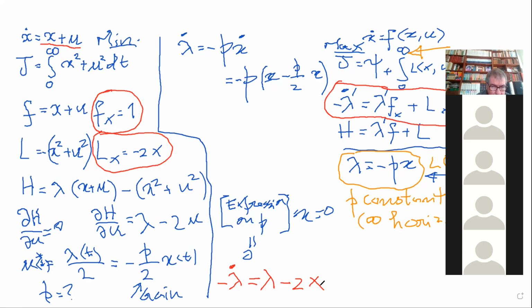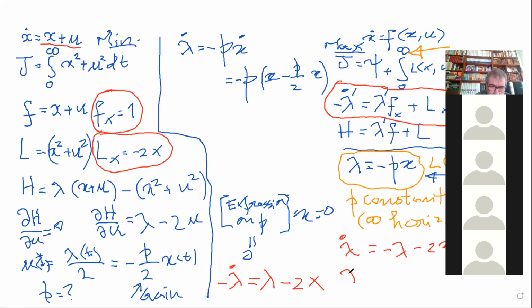Okay. Now this means that lambda dot is equal to minus lambda minus 2x. But we have this nasty lambda here. How can I get rid of the lambda? It's minus p x.